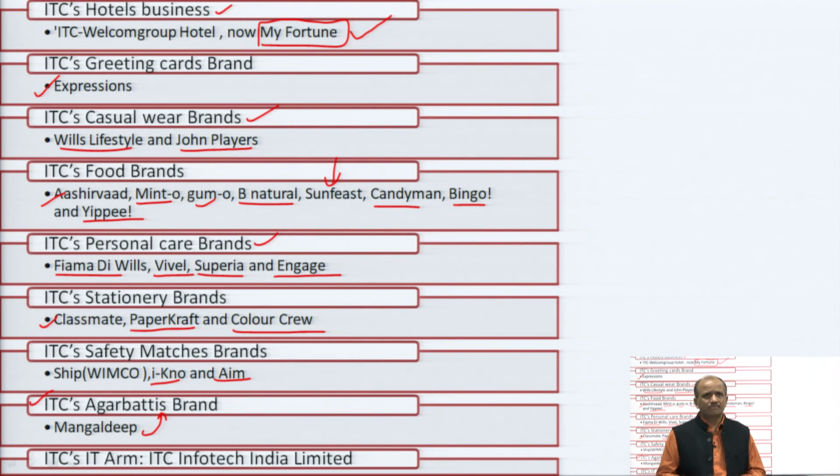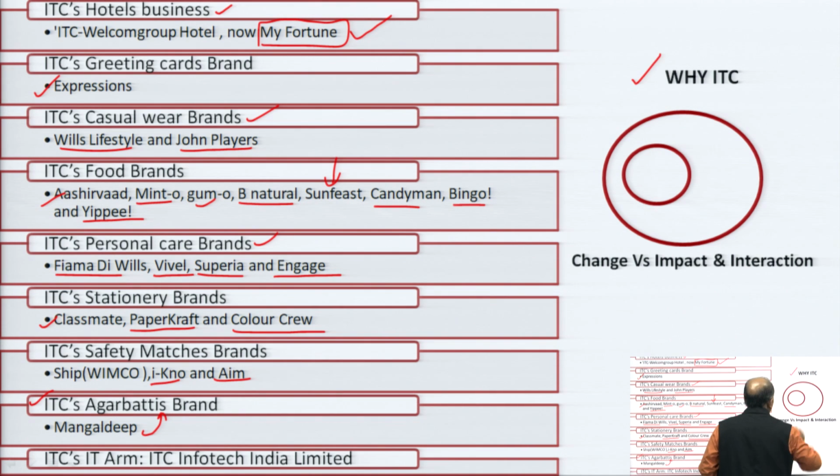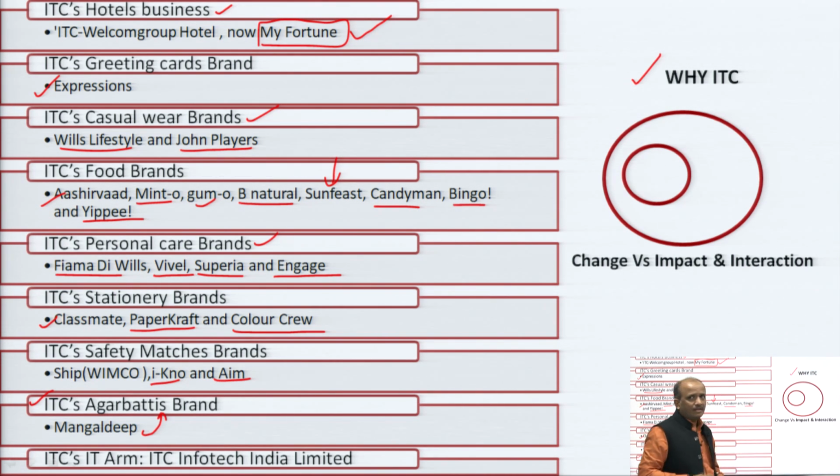Now one question you may particularly have in mind is why ITC only? Why did I pick this particular company ITC? The very purpose of this unit is to tell you about environmental scanning, and my purpose is to demonstrate the impact of environmental scanning on the success and failure of a company. It's not that impact arises soon.